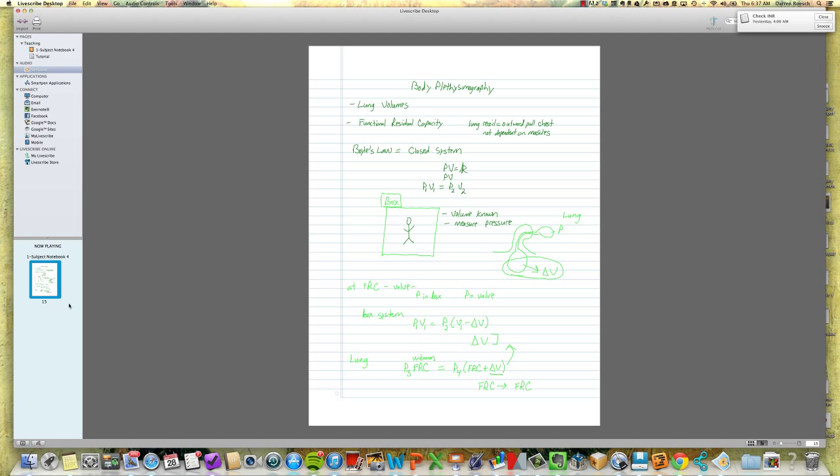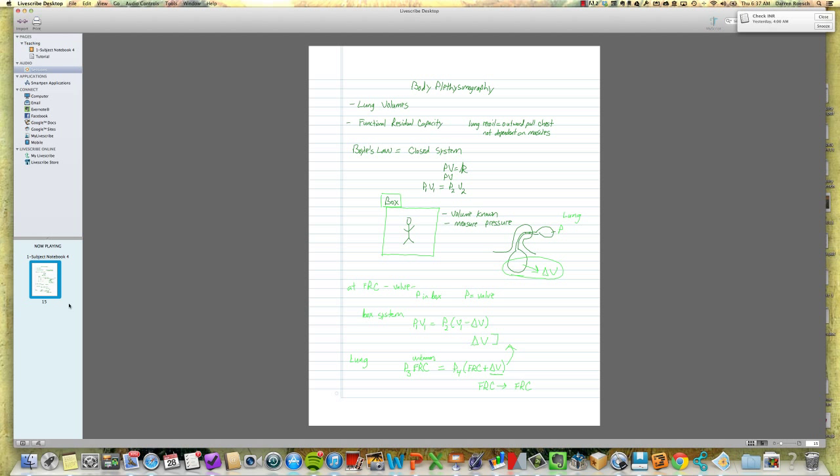But at the same time, so you have the box system where you measure pressure and volume. At the same time, you also have the patient connected to a pressure valve where they are breathing. And so we'll put our patient here with our airways here and our lungs down here.